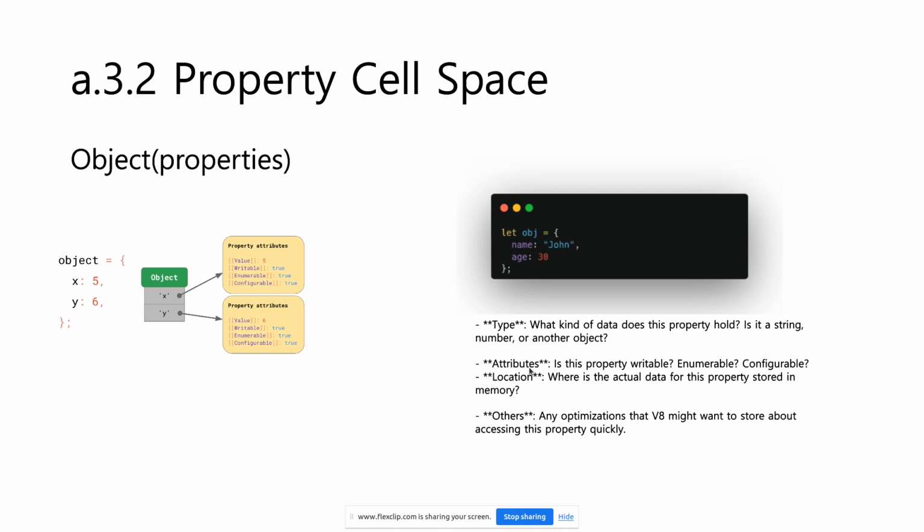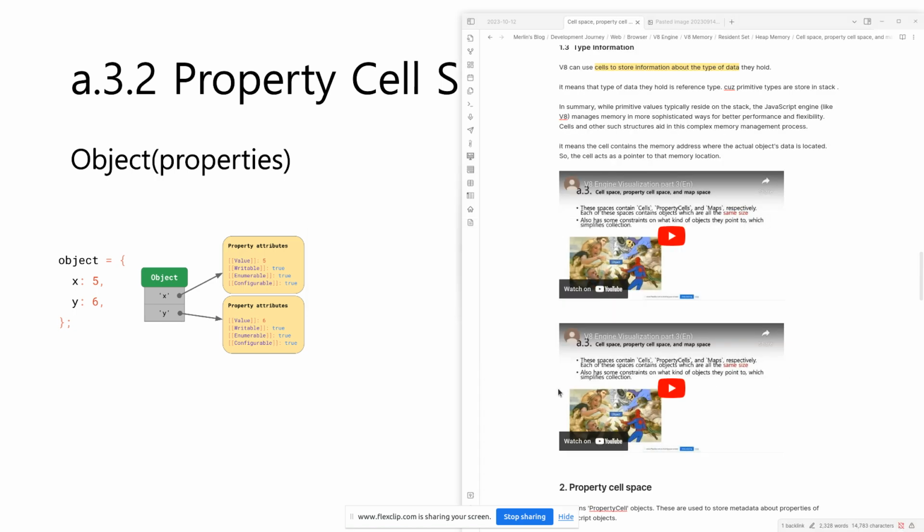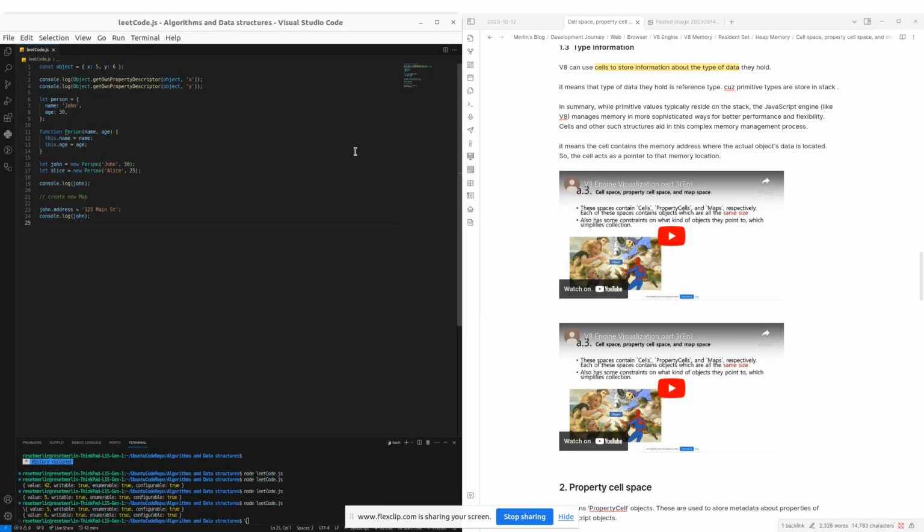Location is where it is stored, and others covers optimizations V8 might store for accessing properties quickly. Every object has its own properties.